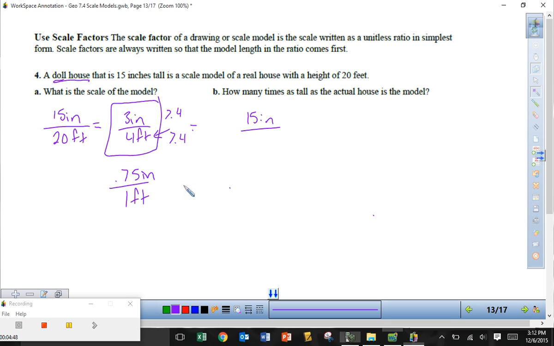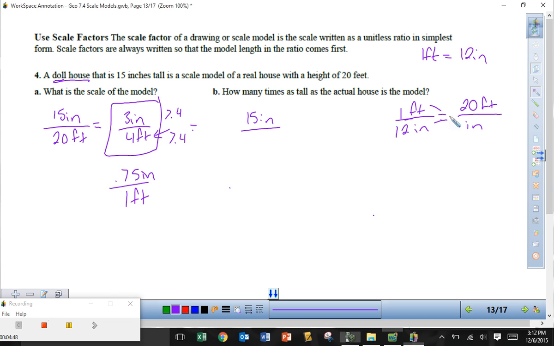Can we change 20 feet to inches? Well, we know that 1 foot is equal to 12 inches. So if we wanted to change our 20 feet into inches, we would just set up a proportion, and we want to know how many inches is 20 feet.